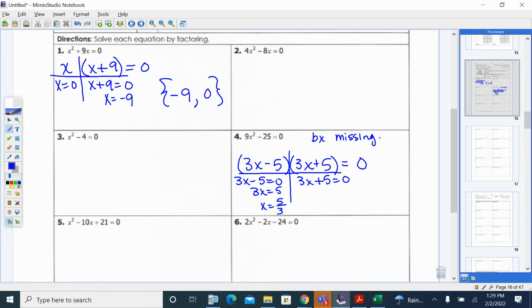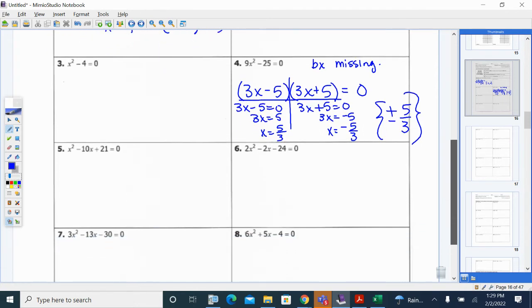For 3x plus 5 is equal to 0, we're going to subtract the 5. And then when you divide by 3, you get negative 5/3. So for this one, the shorthand way to write this answer is with a plus and a minus in front of the 5/3. And basically what that means is your solution is a positive 5/3 and a negative 5/3.